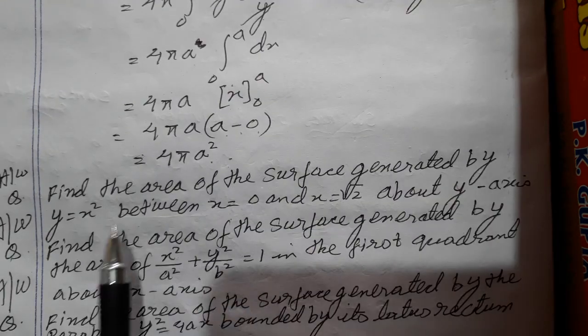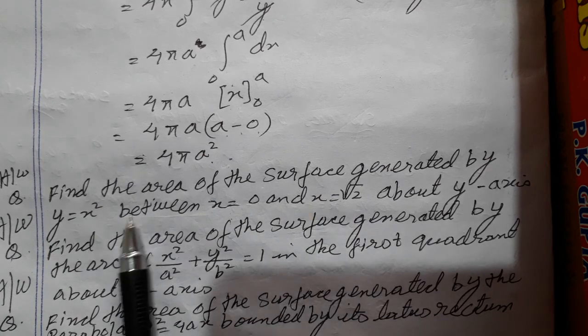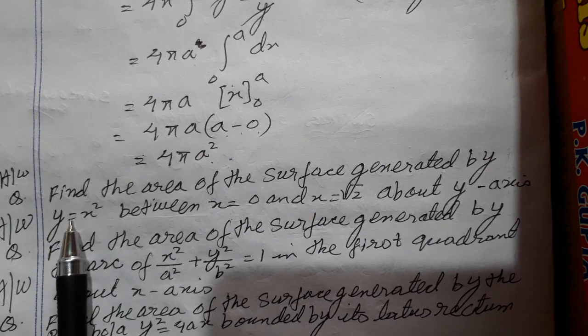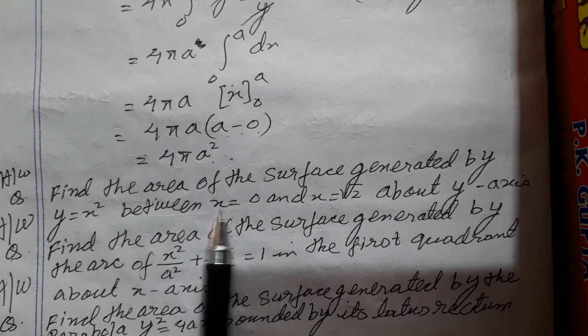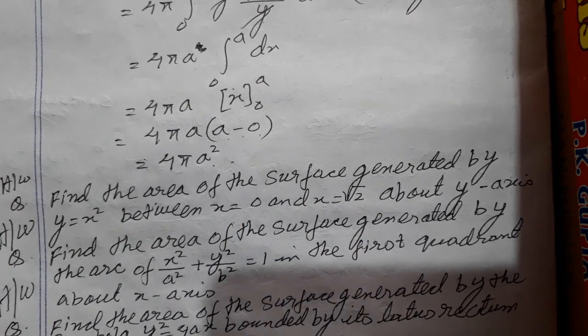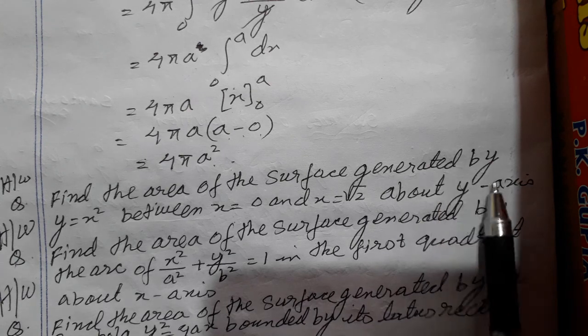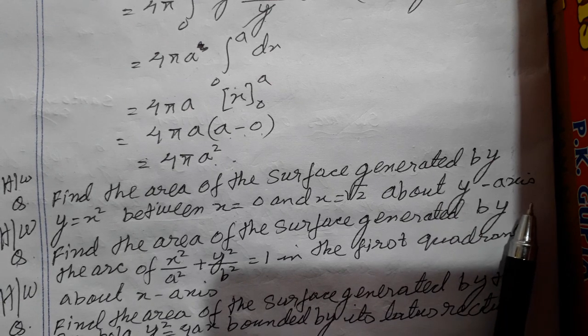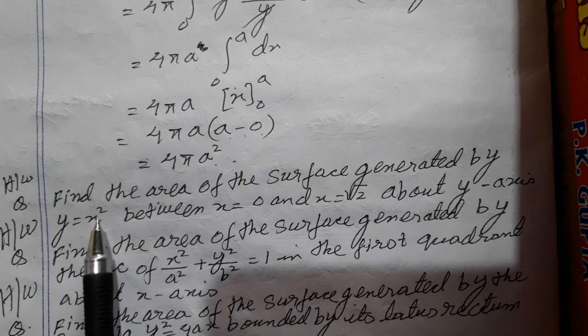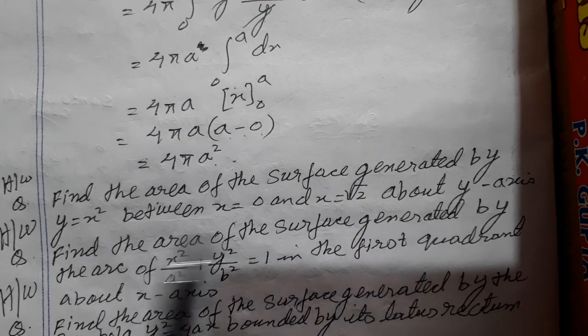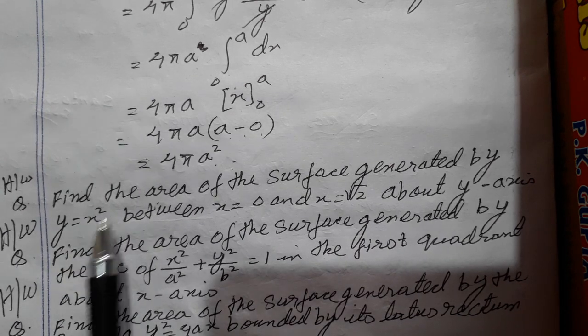Here I'm also giving you some homework. The first is y equal to x square, an upward parabola, with x equal to 0 and x equal to root 2 given. But you have to rotate about the y-axis. Since we are rotating about the y-axis, we have to get the y coordinates. When x is 0, y is 0. When x is root 2, y is 2.